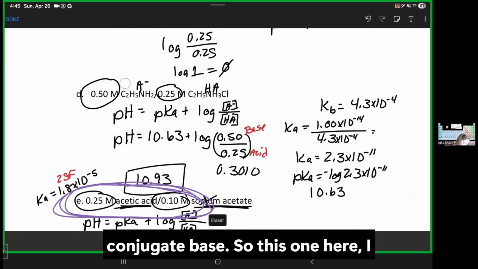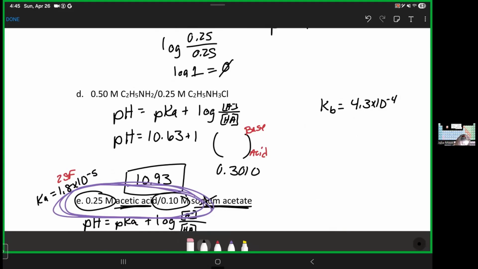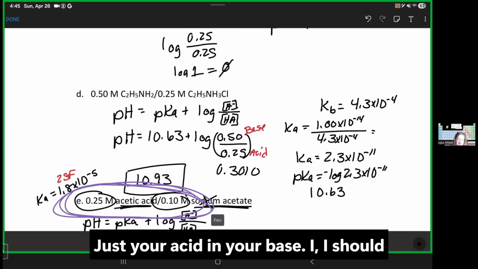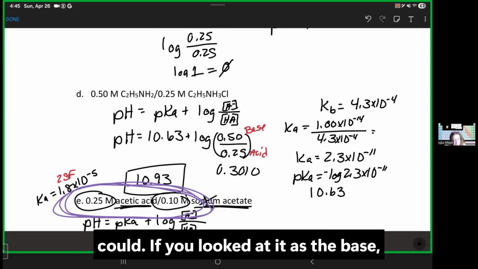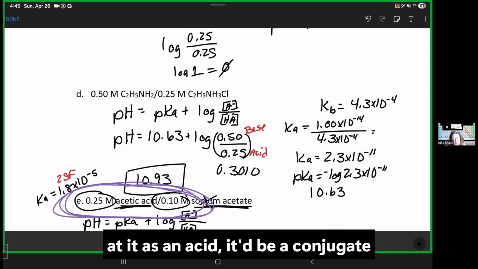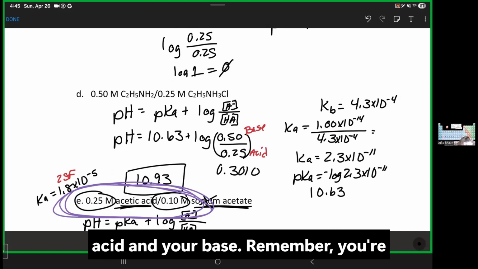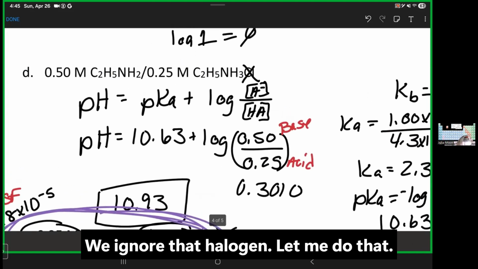You didn't have to do anything because you just identify your acid and your conjugate base. So this one here, I looked up here, just your acid and your base. I should stop saying conjugate on that because if you looked at it as the base, it'd be a conjugate acid. If you looked at it as an acid, it'd be a conjugate base. So you're just identifying your acid and your base. Remember, you're ignoring halogens, like on that one there, we ignore that halogen.